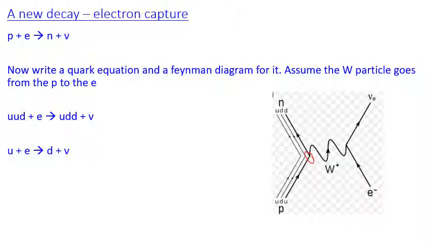But you could equally think of it as a vertex here, where we've got plus 1 coming in and 0 coming out for the neutron, so plus 1 has to come out for the W plus. That W plus is what actually captures the electron and turns into a neutrino. As I say, unlike beta positive decay, this is much harder to get without having seen it, so don't worry if you didn't get that, but please always have a go.